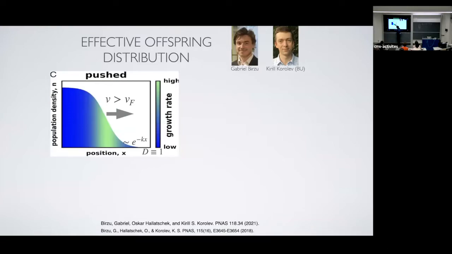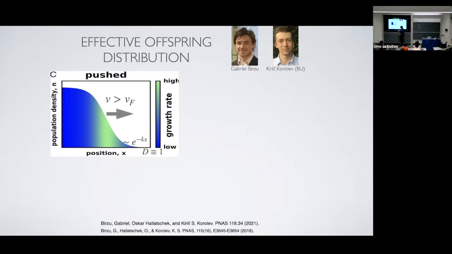Rather, in the bulk of the wave the growth rate is higher, and this is pushing the wave along, such that the speed of the wave is larger than, let's call it, the Fisher wave speed that you expect based on the growth rate that you would have at low density.